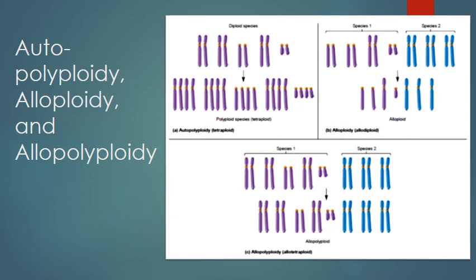As shown in figure C, an allopolyploid contains two or more sets of chromosomes from two or more species. In this case, an allotetraploid contains two complete sets of chromosomes from two different species, for a total of four sets. In nature, allotetraploids usually arise from allodiploids.